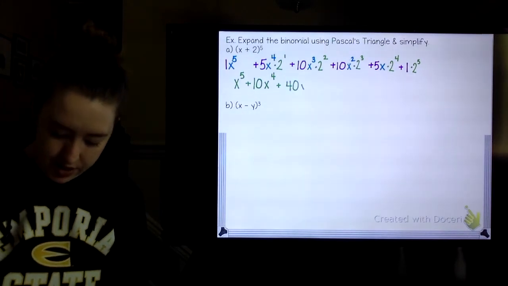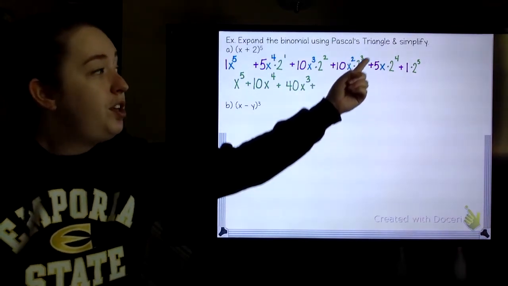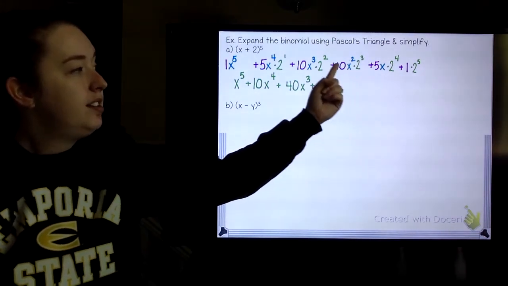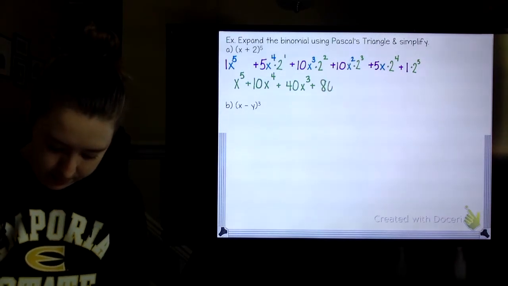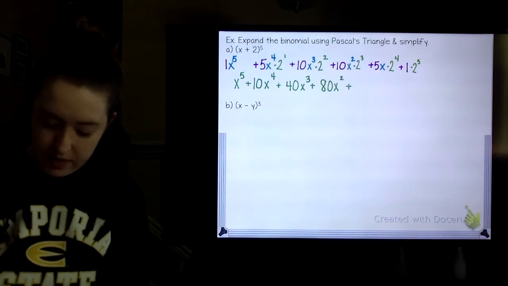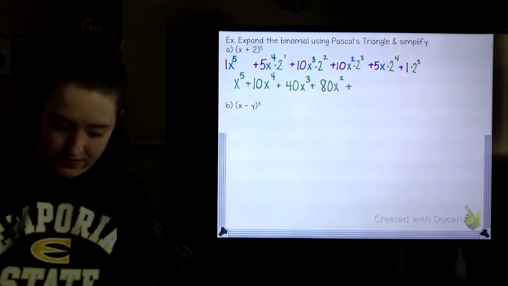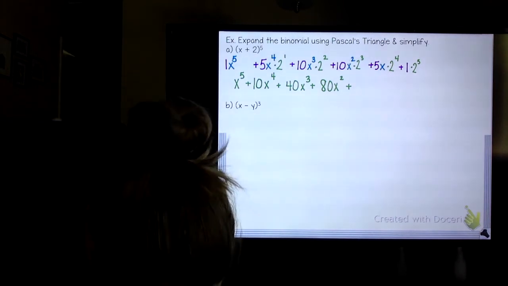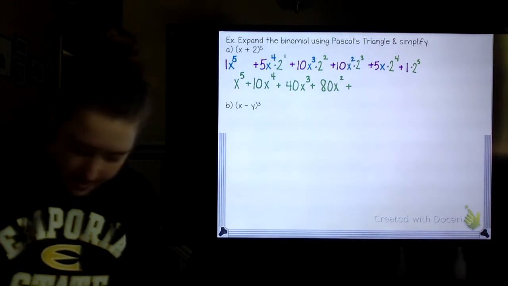And then that x was cubed. 2 cubed is 8 times 10 is 80. And that x was cubed, or squared, I'm sorry. 2 to the 4th is 16. Times 5 is 80.